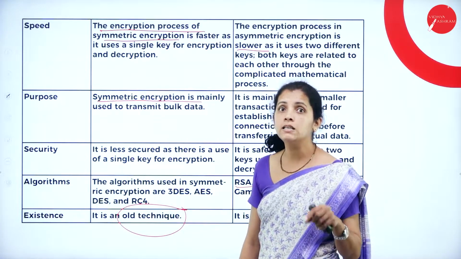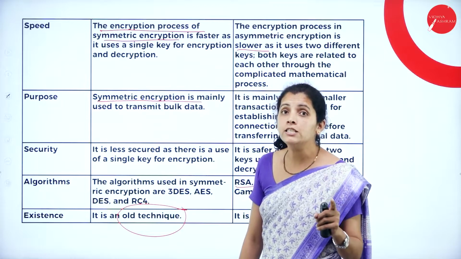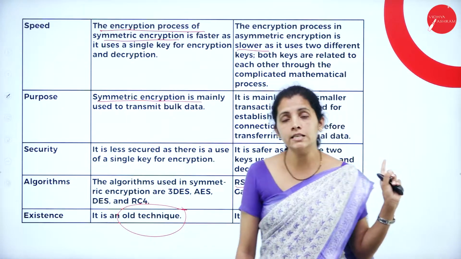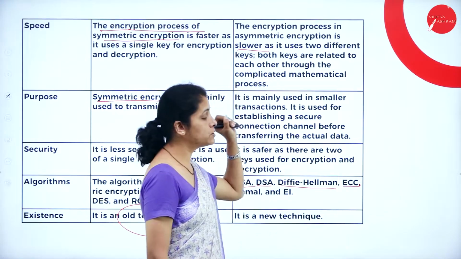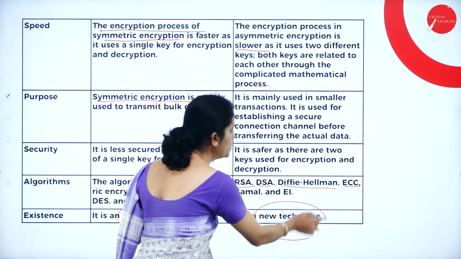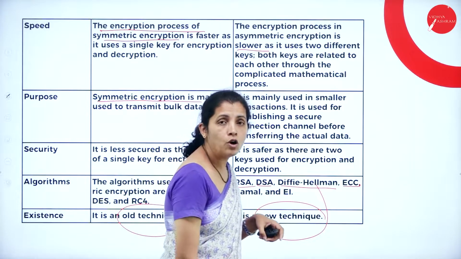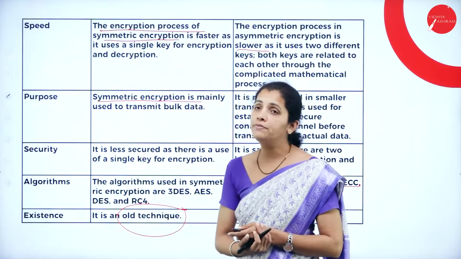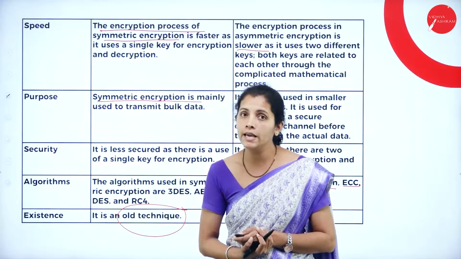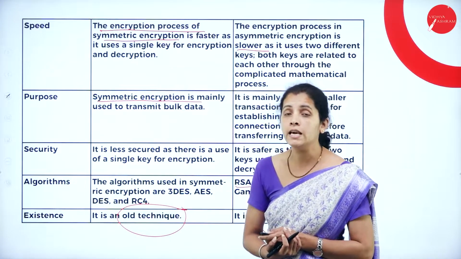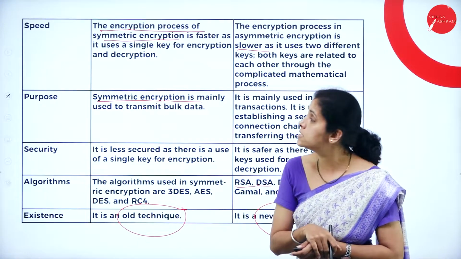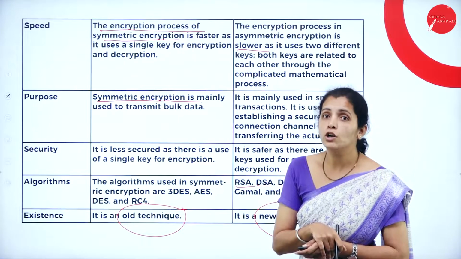For that reason, it is called traditional symmetric crypto system. And if I consider asymmetric crypto system, then it is a new technique and it is called modern crypto system. So these are some of the differences between asymmetric key as well as symmetric key crypto system. And from the examination point of view, this is a very important topic.